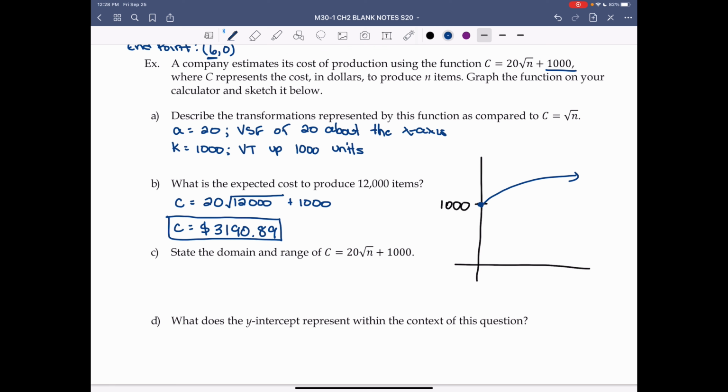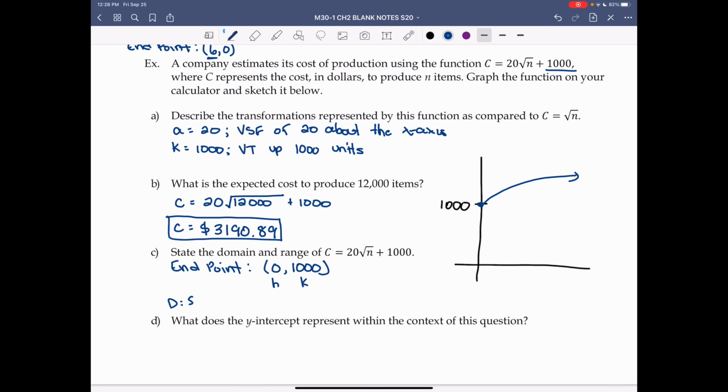State the domain and range of c equals 20 square root n plus 1,000. Our endpoint we know is x equals 0, y equals 1,000, which is also our h and k values. Our a is positive and our b is positive 1, so it's going to be x greater than or equal to, and y greater than or equal to.